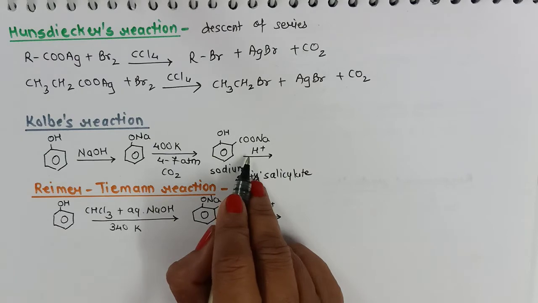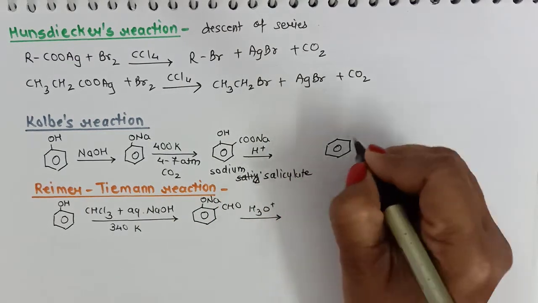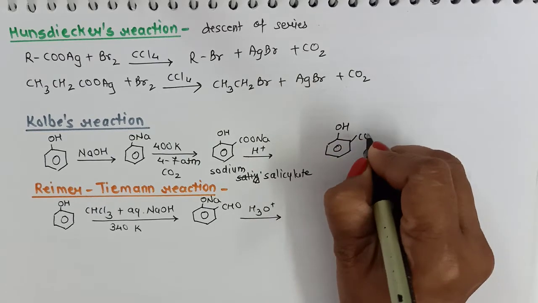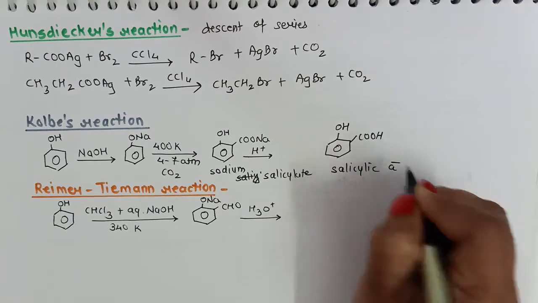Now this sodium salicylate on further hydrolysis gives us salicylic acid. So salicylic acid is the main product of the Kolbe's reaction.